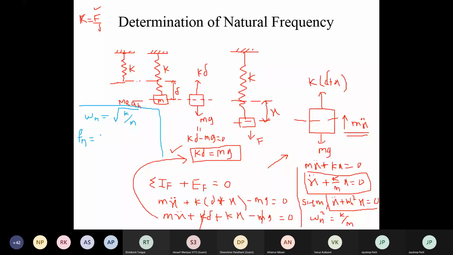Omega n divided by 2 pi. Correct? So you will get the frequency is equal to 1 upon 2 pi, put the value of omega n here, k by m. Fn is equal to omega n upon 2 pi, or is equal to 1 by 2 pi under root of k by m.